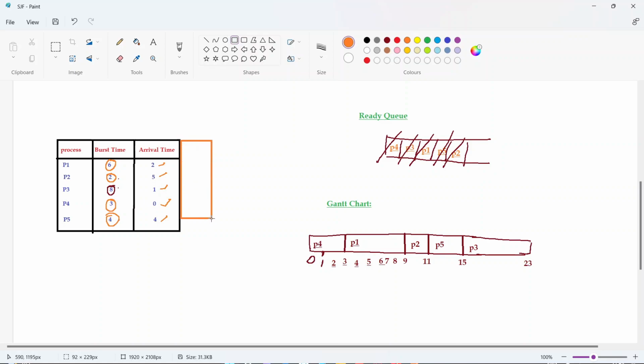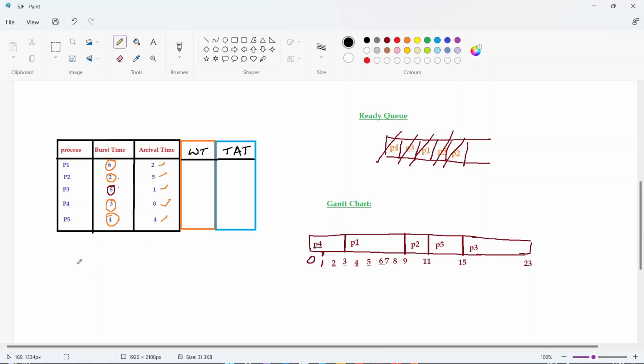So this is the waiting time, let us consider, and this can be the turnaround time. All right, now let us see, this is the waiting time and this is the turnaround time.